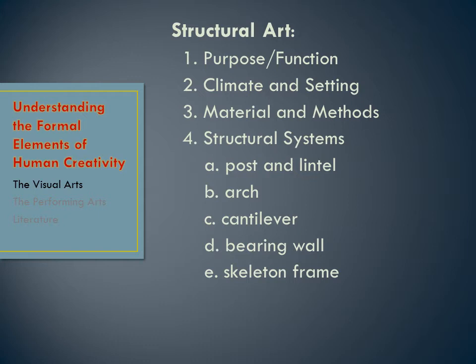Post and lintel refers to a horizontal block of stone that is laid over top of upright or vertical supporting posts of stone. Now, post and lintel works with 2 different types of strength that are referred to in building material.